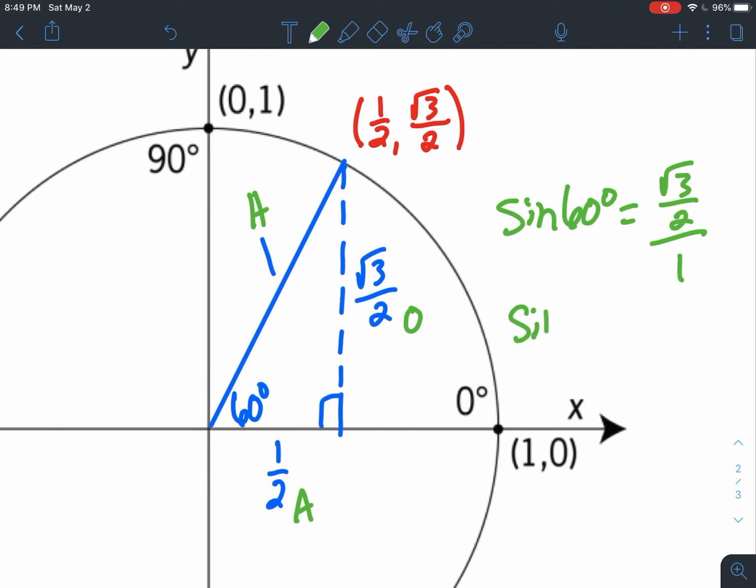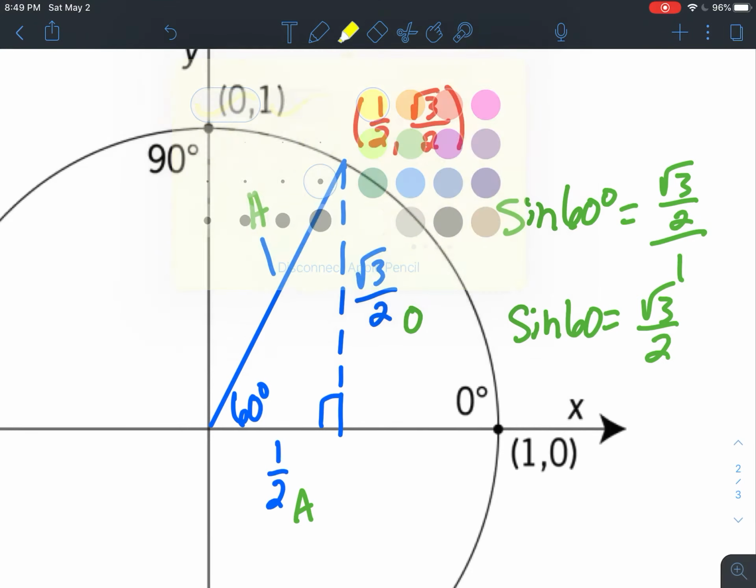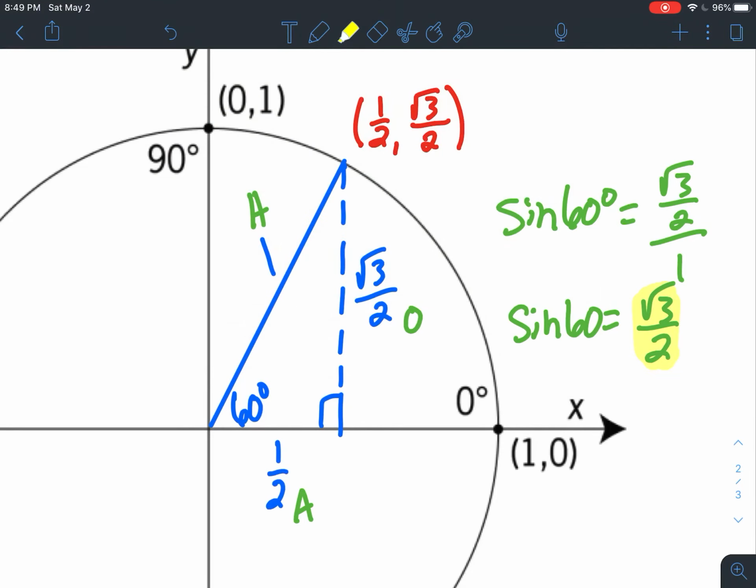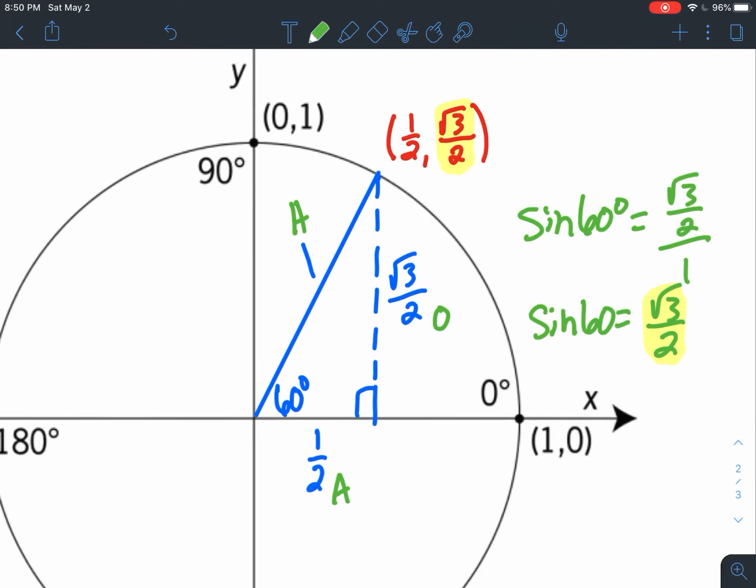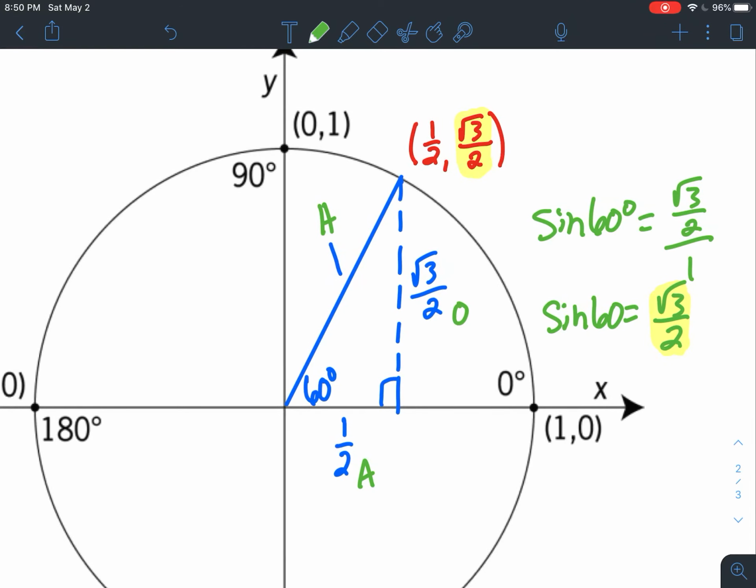So I end up with the sine of 60 is the square root of 3 over 2, which still ends up being the y value of my terminal point. So sine is always the y value, cosine is always the x. I could show you cosine, but it's going to be the same thing. It's going to come out as positive 1/2.